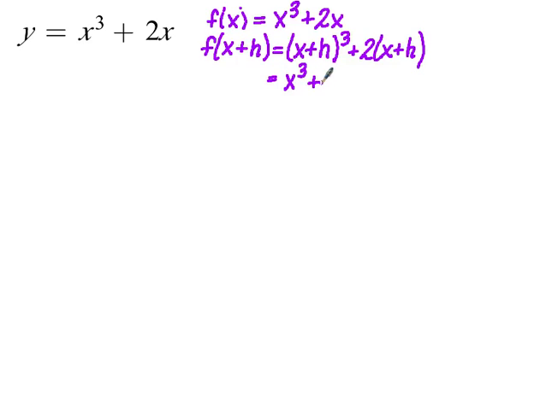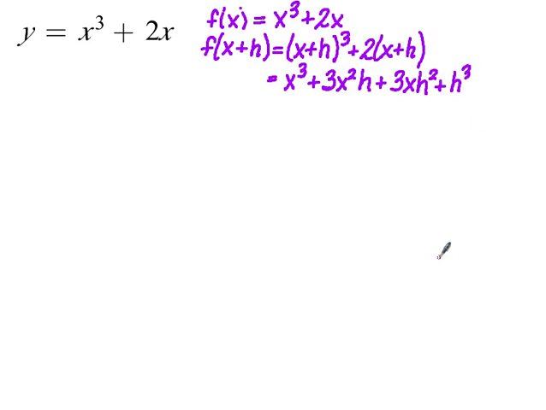And so I start with x cubed. What will my next one be? 3x squared h. Because remember, my x's are decreasing, my h's are increasing, plus 3 what? H squared, good. And then plus h cubed.